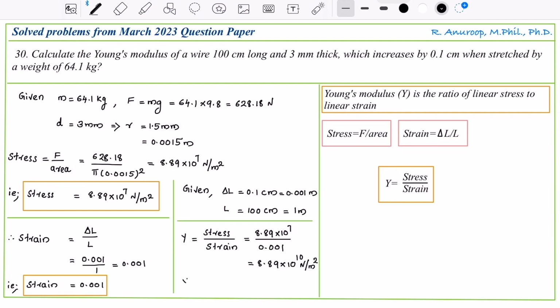That is, the Young's modulus of the material of the wire is 8.89 into 10 raised to 10 Newton per meter square.